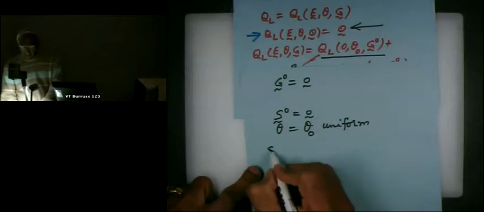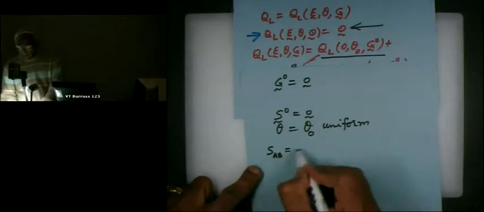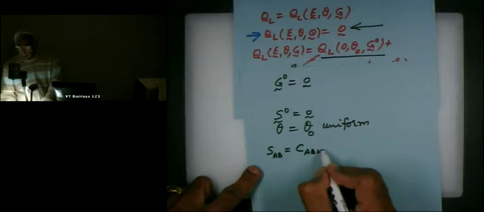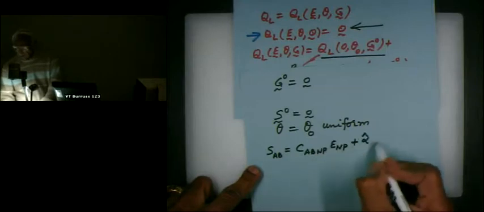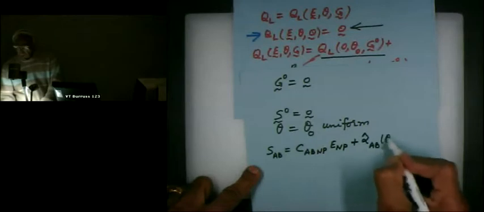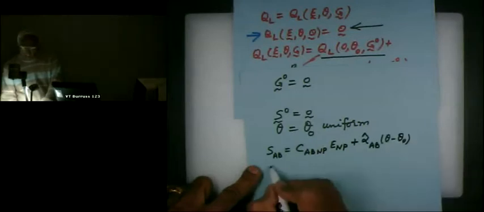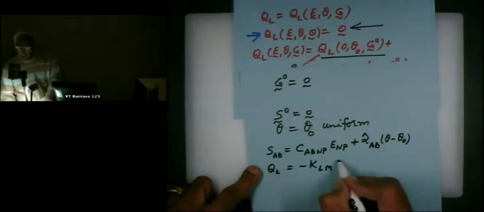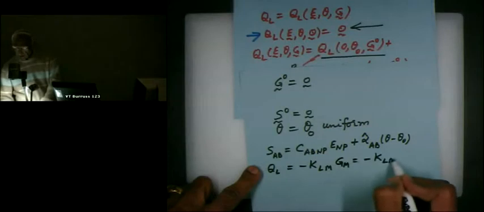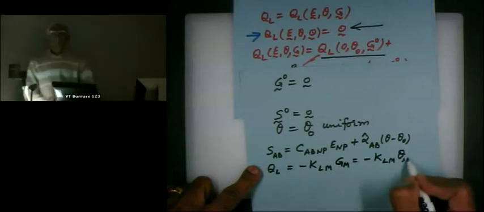So if we make these two assumptions, then what we get is that S_AB is C_ABNP E_NP plus alpha hat_AB (theta minus theta_0), and Q_L is minus K_LM G_M, which is the same thing as K_LM theta comma M. So it's the temperature gradient with respect to coordinates in the undeformed state.